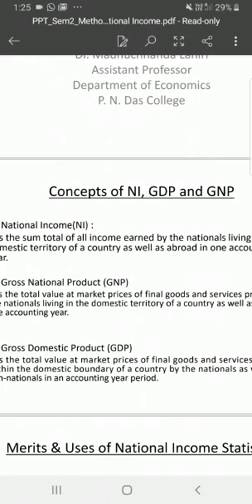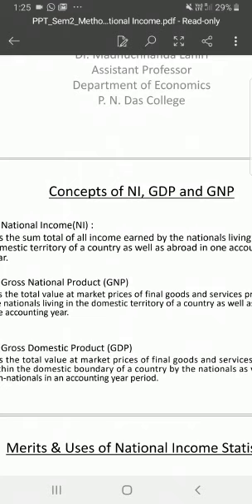What are the things that are taken into consideration while defining a particular term, and what are those things that have to be left out in defining the other ones. So we have to include some and remove some, and in this way we can move from one term to another in the national income accounting theory part. But we have to be very clear with our concepts.